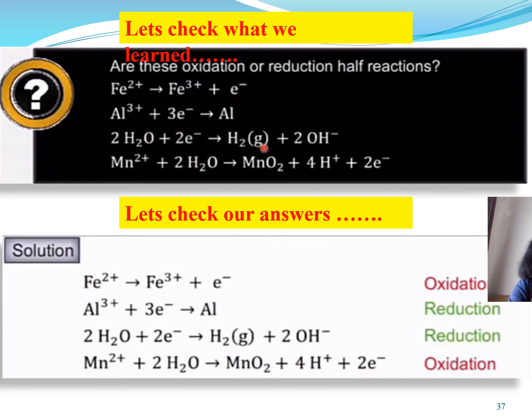Water gains an electron and converts to H2 and OH minus. That is reduction. Manganese reacts with water to form manganese dioxide, 4H plus and electrons. Loss of electrons, so it is oxidation. First one oxidation, second one reduction, third one reduction, fourth one oxidation.